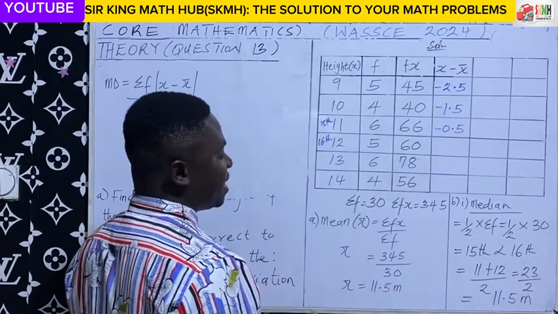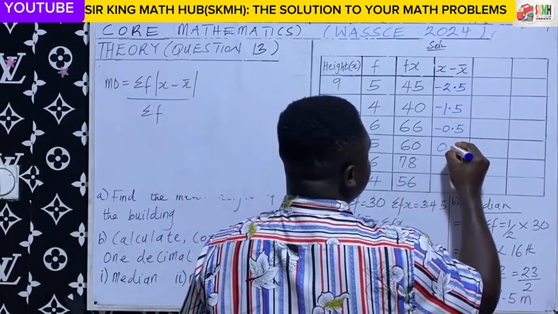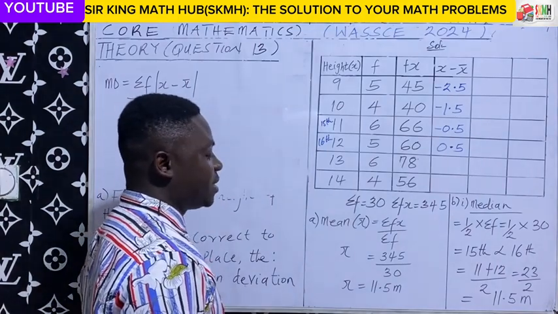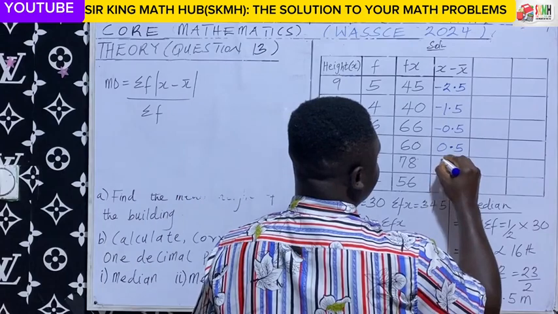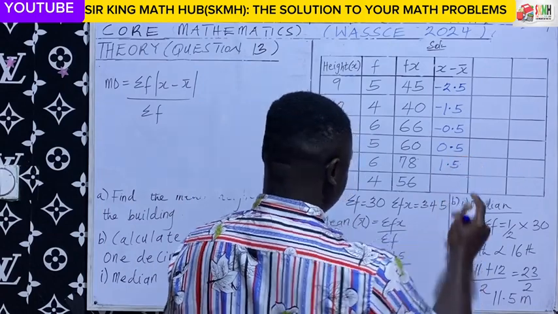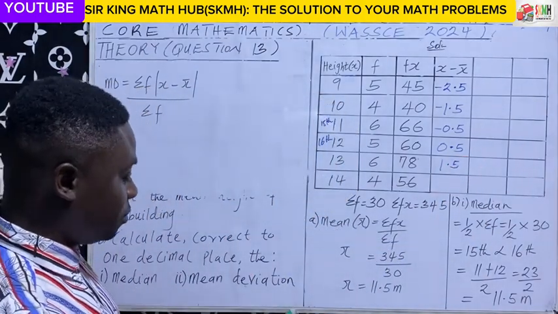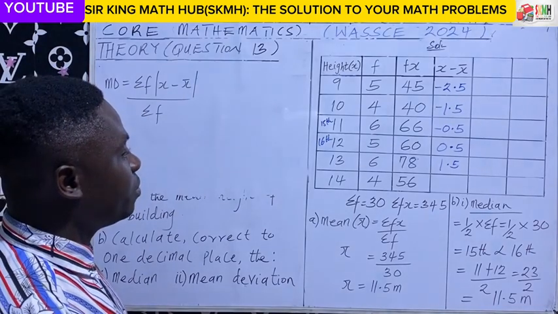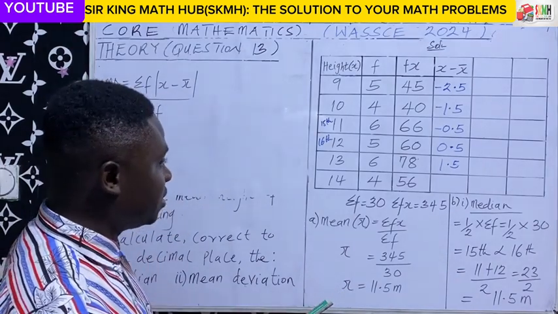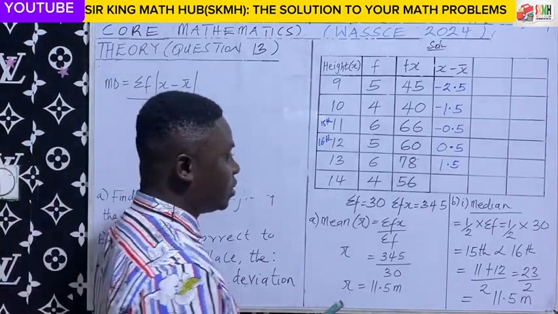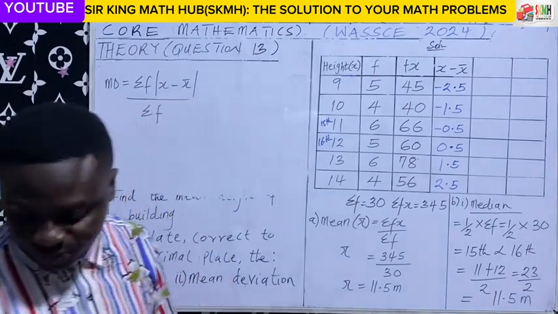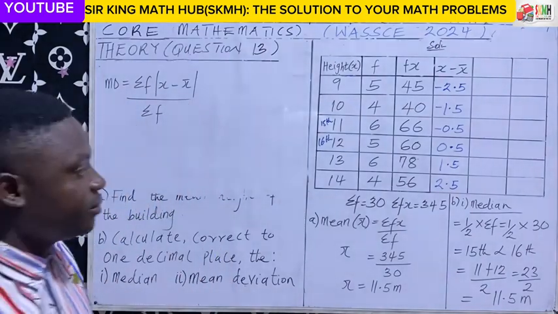And then 12 minus 11.5, positive 0.5. 13 minus 11.5, positive 1.5. And then 14 minus 11.5 should give us positive 2.5.